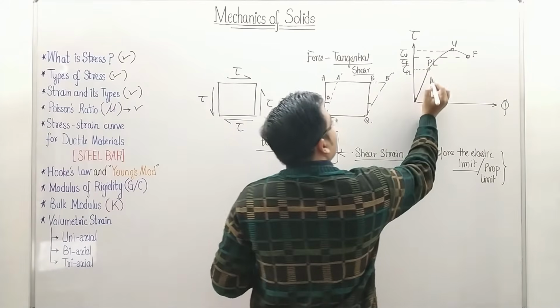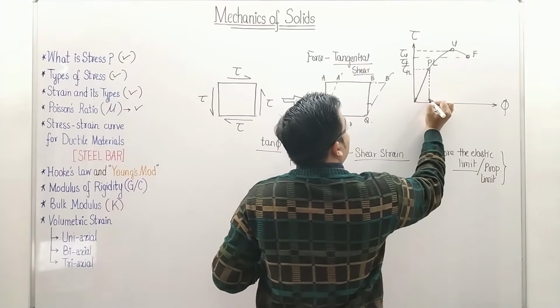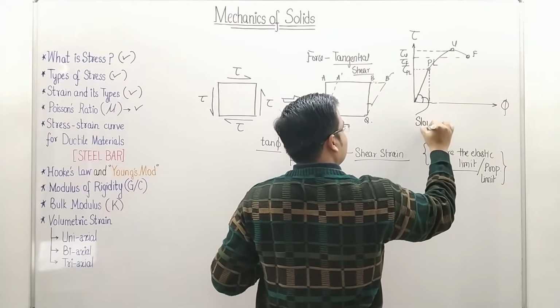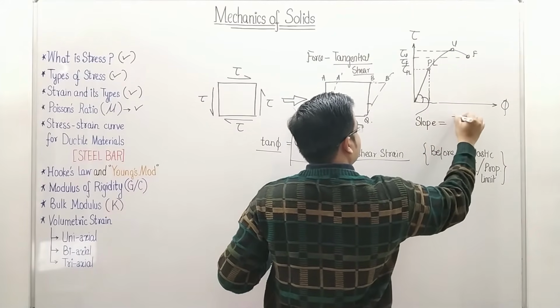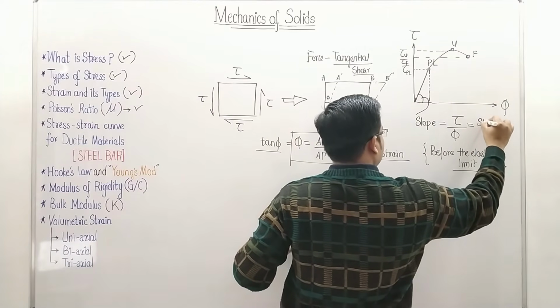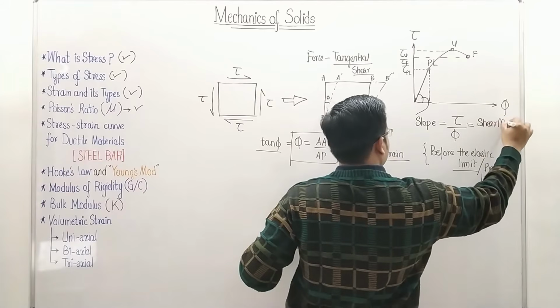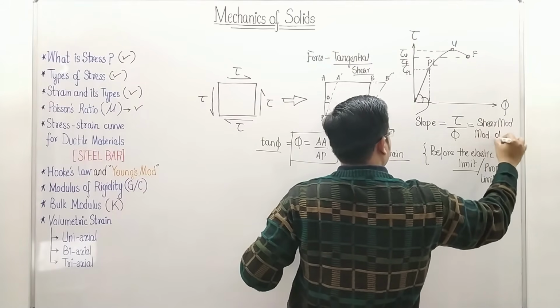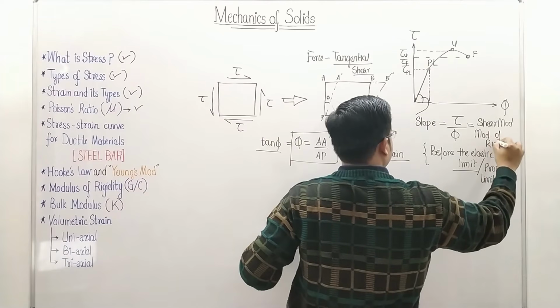So we have to work within this region, and this slope, shear stress to shear strain, is nothing but a modulus which is known as shear modulus. It is also known as modulus of rigidity.